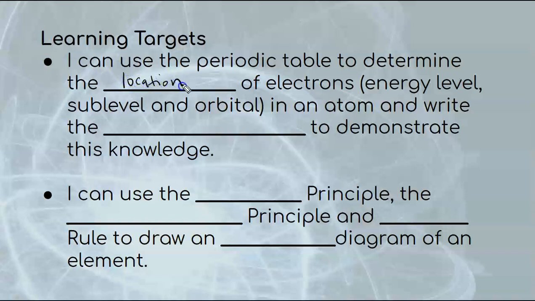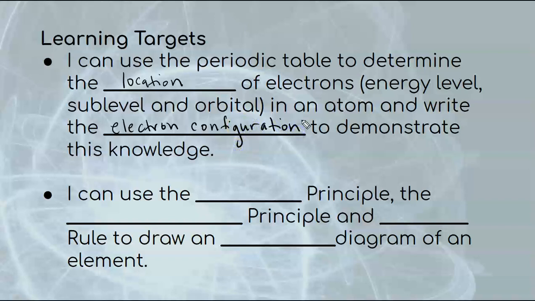And when we talk about location, we're talking about the energy level, which goes back to the Bohr model, the sub-level, which would be S, P, D, and F, and the orbitals, which are individual orbitals on each of the sublevels. So I can use the periodic table to determine the location of electrons in an atom and write the electron configuration.